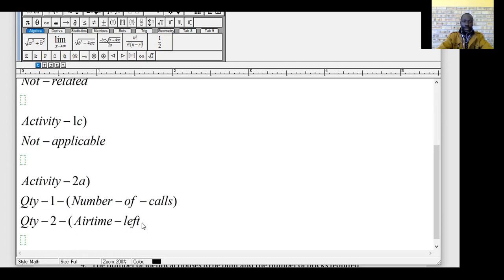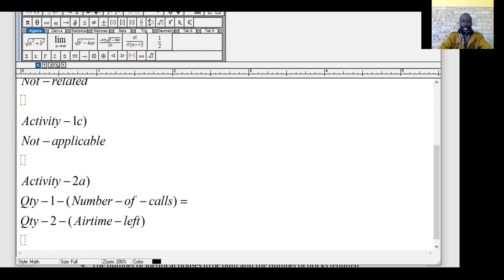Now, the question here is, how do we define these quantities? Looking at the number of calls and the airtime left, which one is a constant quantity and which one is a variable quantity?